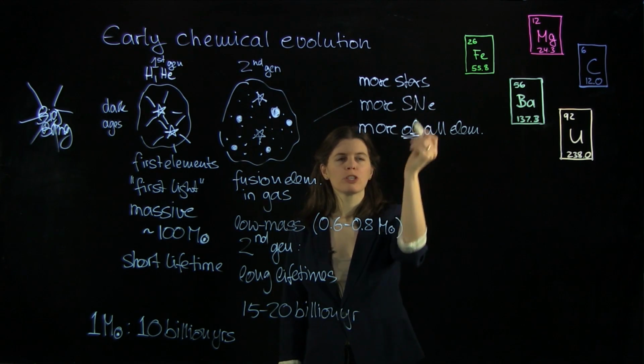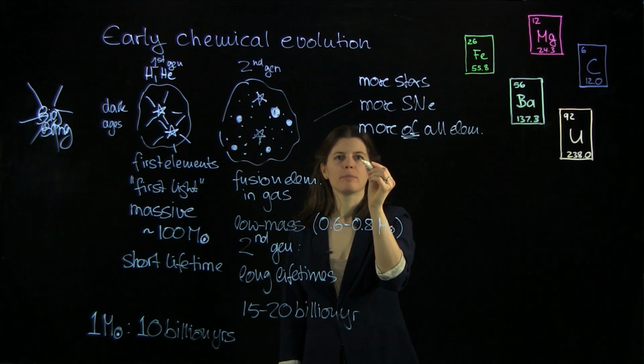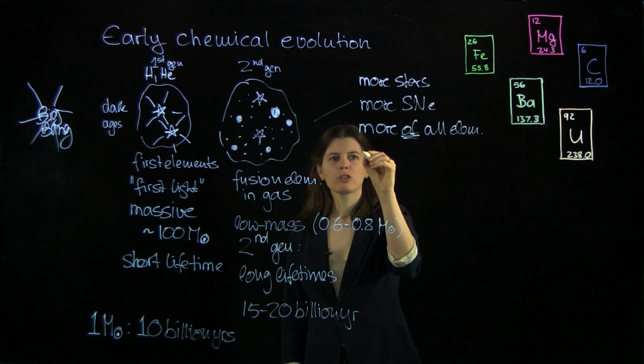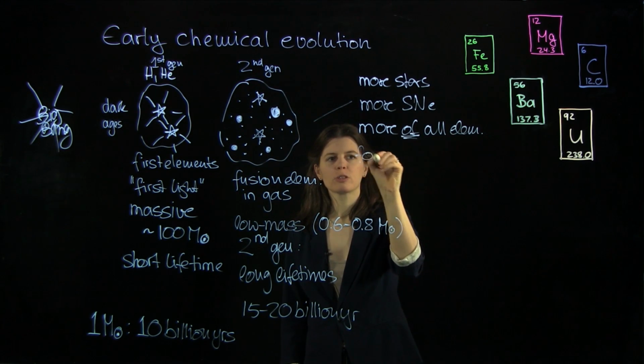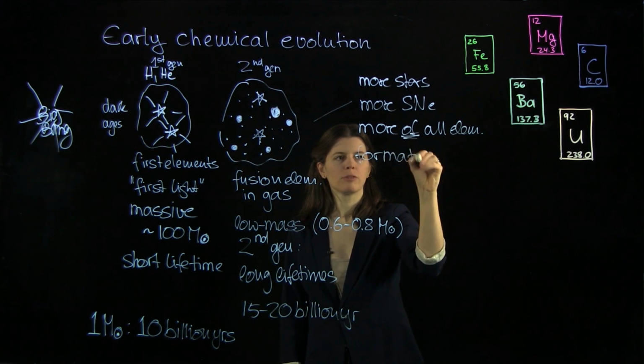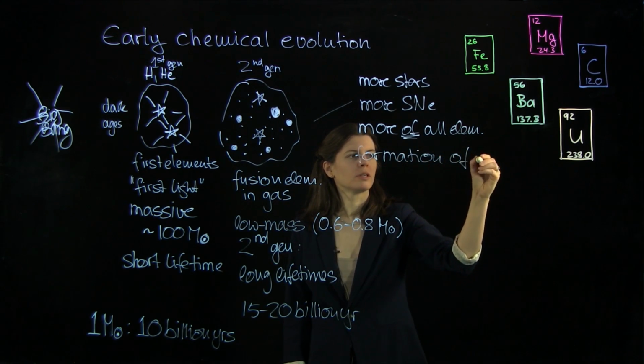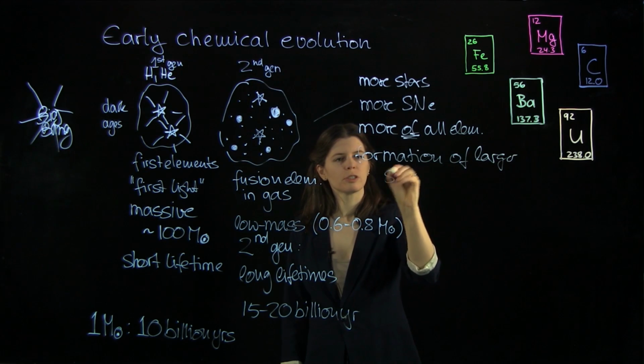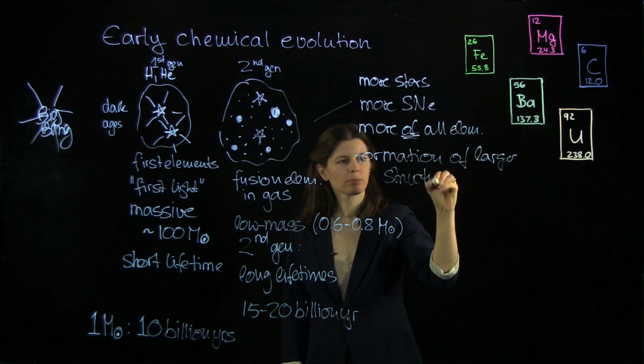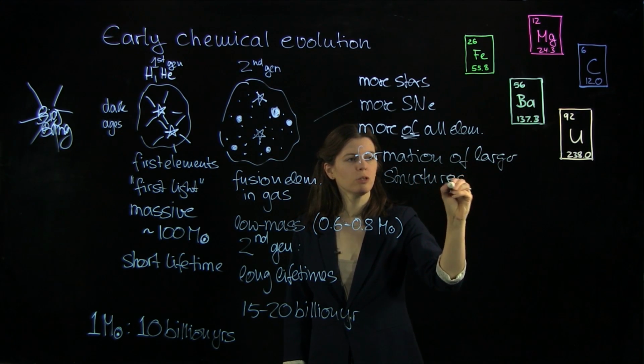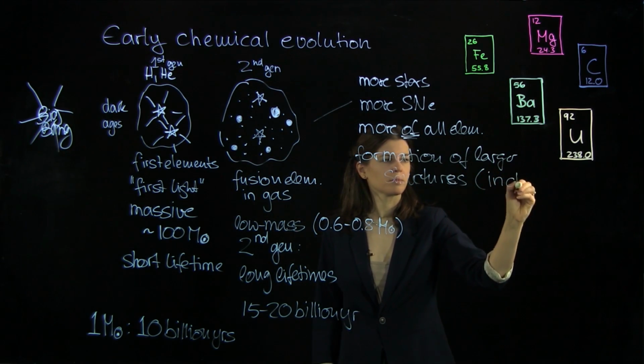And so, well, we have more stars and more chemical enrichment, but also the formation of the first bigger structures, the formation of the larger structures, including the Milky Way.